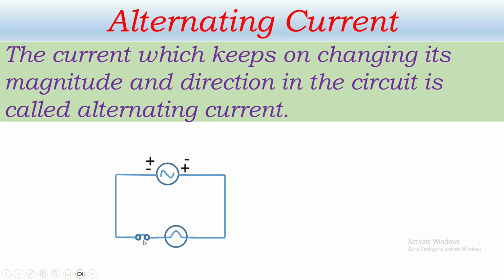At this time, the rate of flow of charge which enters the bulb keeps on increasing, and when it leaves the bulb, the rate of flow of charge keeps on decreasing, and it reaches the previous terminal. This way, the magnitude keeps on changing and the direction of flow of current also keeps on changing in the case of alternating current. Now let's talk about the graphical representation of DC and AC.